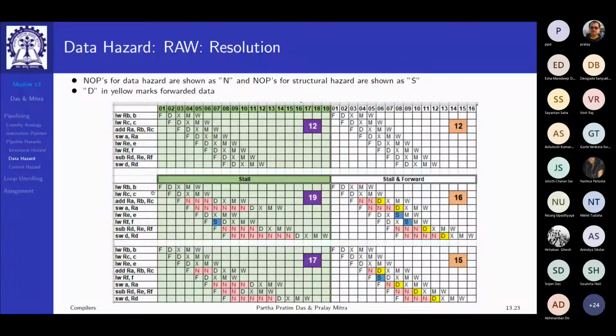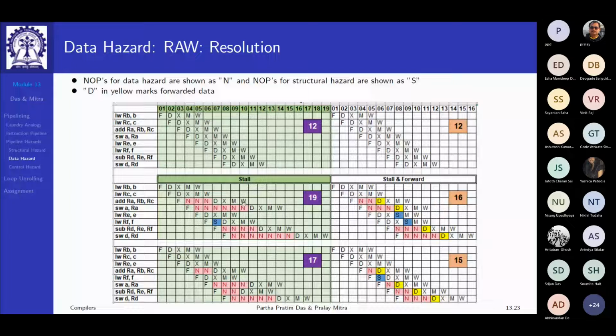We have the load of B, the load of C. Now the add of RB, RC cannot happen till the value has been loaded in RC. So we get 3 stalls here, after which the add instruction will be able to get the value of both the registers RB and RC in the decode stage and then proceed from there.